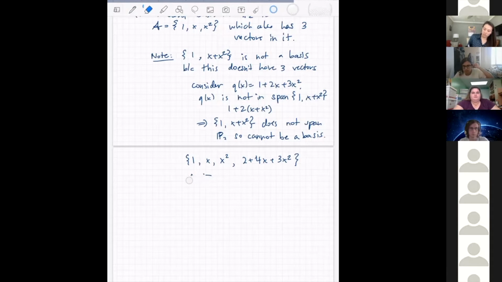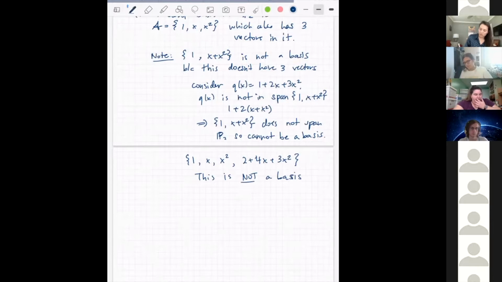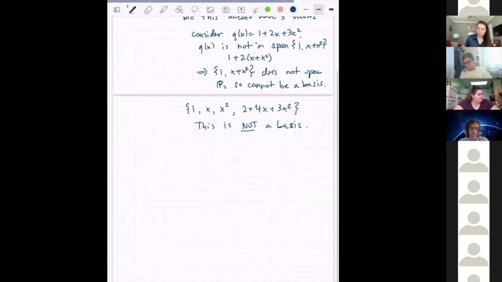Let me first say, this is not a basis. And what would be the reason why this would not be a basis? The vectors are not linearly independent. Yeah, exactly.